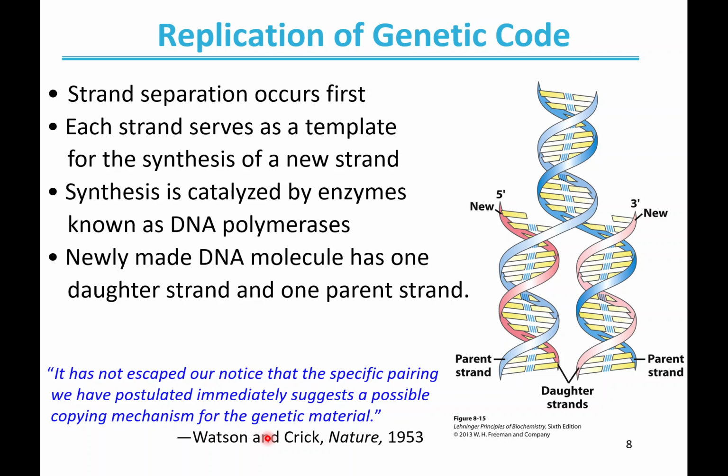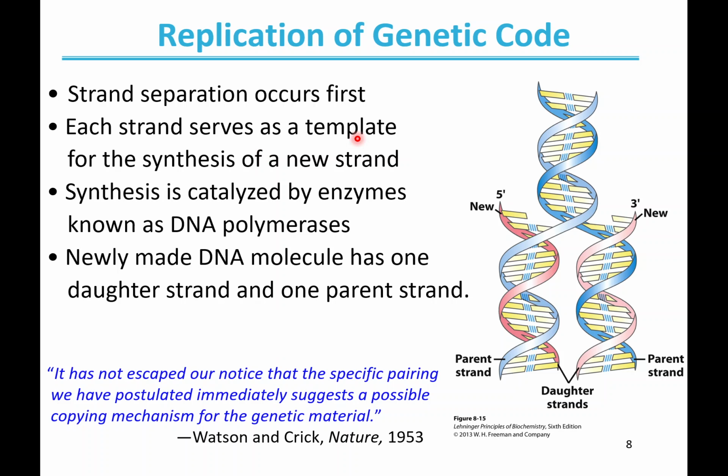One strand is synthesized pretty much all continuously, and the other strand, because of the directionality, has to be synthesized in chunks, and then those are connected back together. But again, that's next semester, not going to be important in this class.